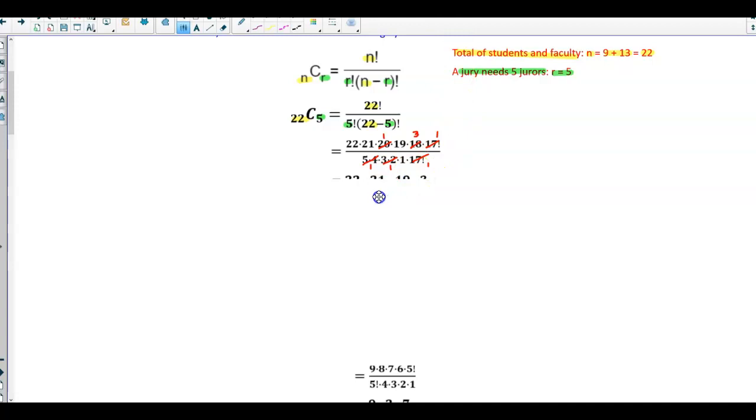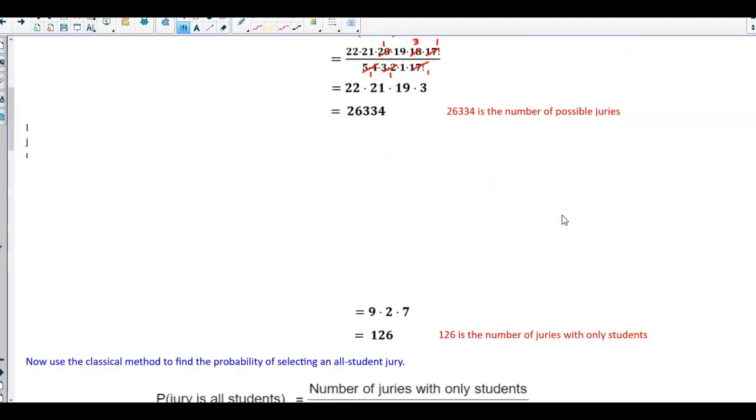So what's left to multiply other than 1? Well, we know that we have 22 times 21 times 19 times 3. And when we multiply that together, we get 26,334. This is the number of possible juries, the total number of possible juries.